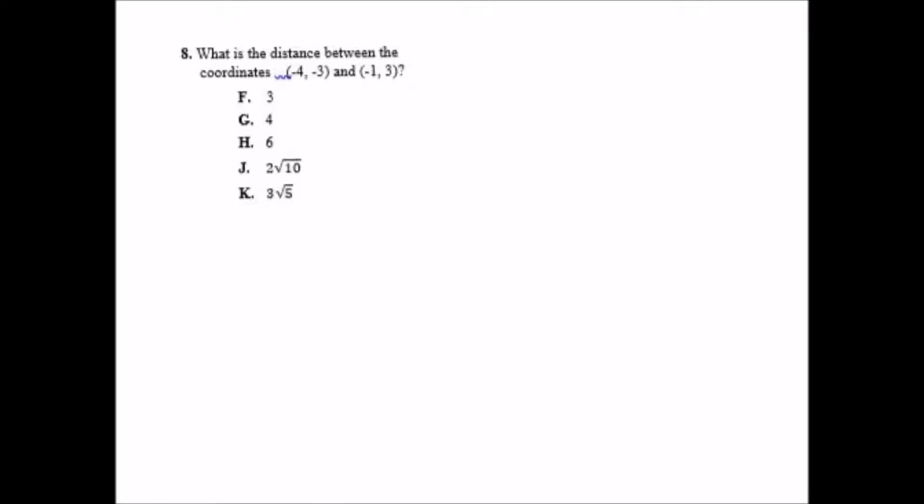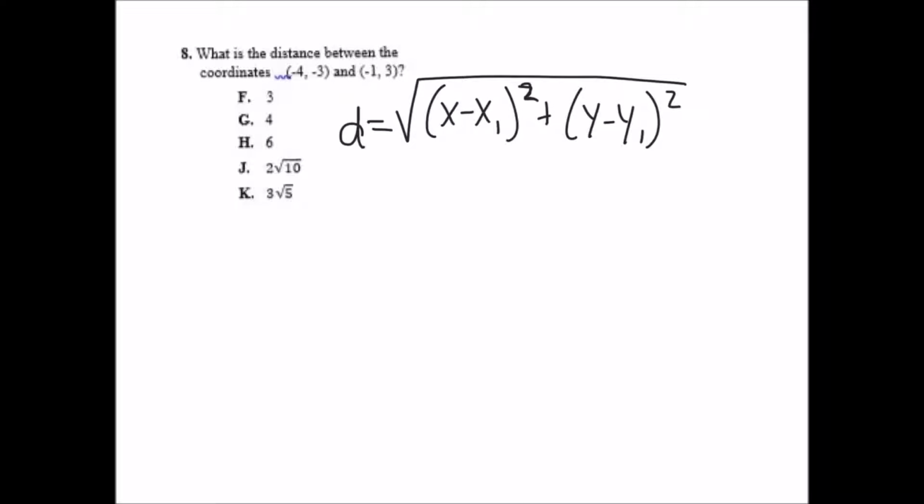Question 8 asks again to find the distance between the coordinates -4, -3 and -1, 3. Use the distance formula, which is distance equals the square root of x minus x1 squared plus y minus y1 squared.